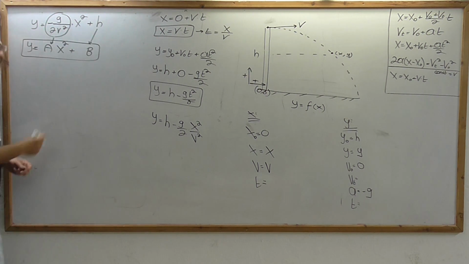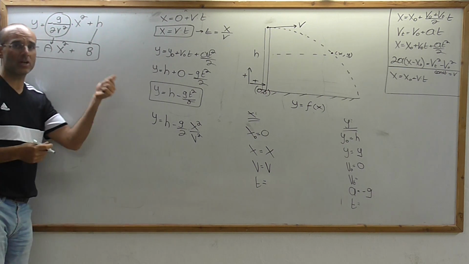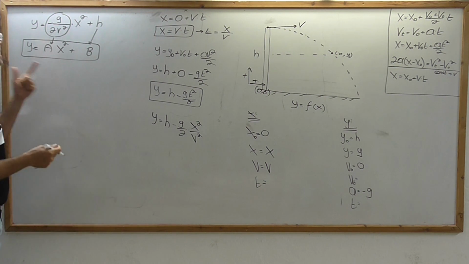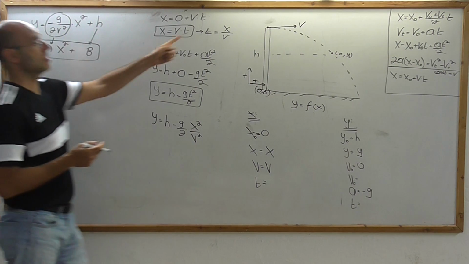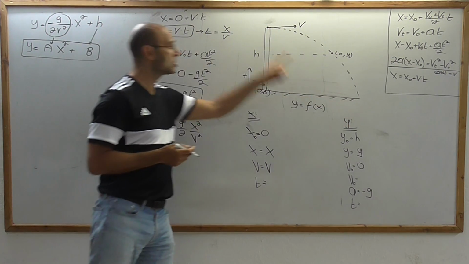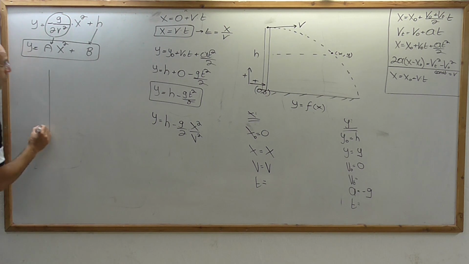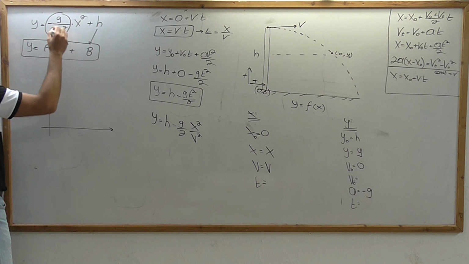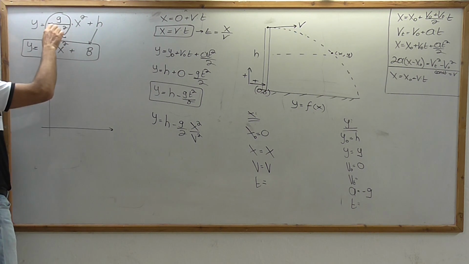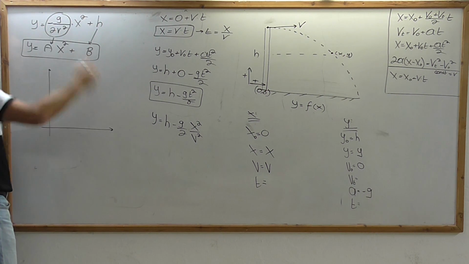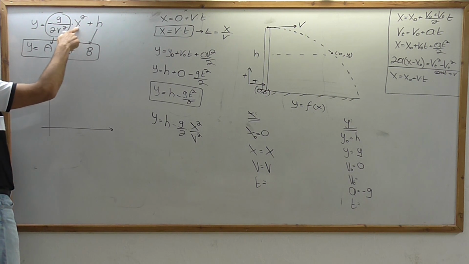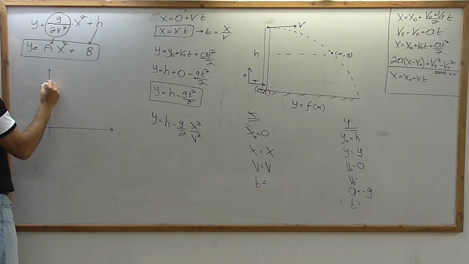This is exactly the equation of a parabola, and now I proved that the path upon which the ball is moving is a parabola. If I want to draw the parabola, it's a downward-opening parabola because the a is negative, like that. When x is 0, y is h, it starts here, 0 plus h.